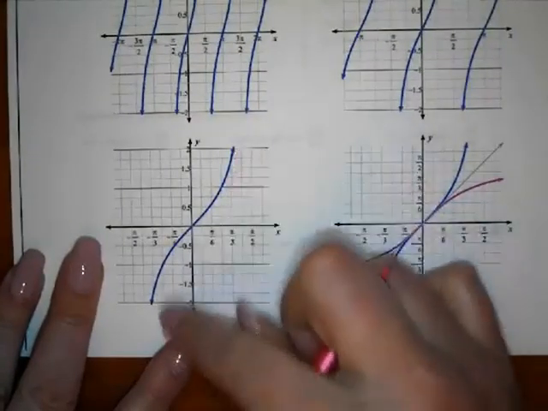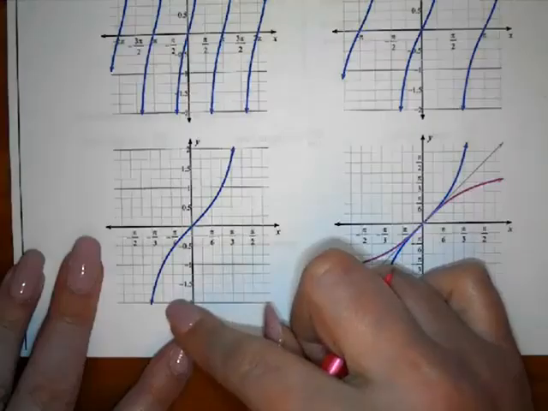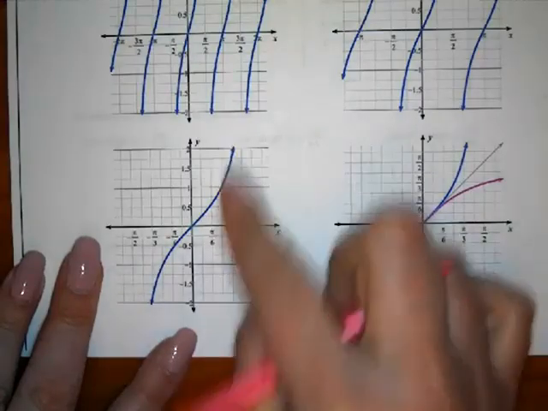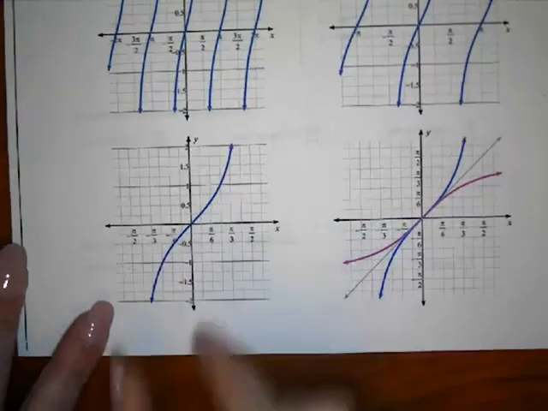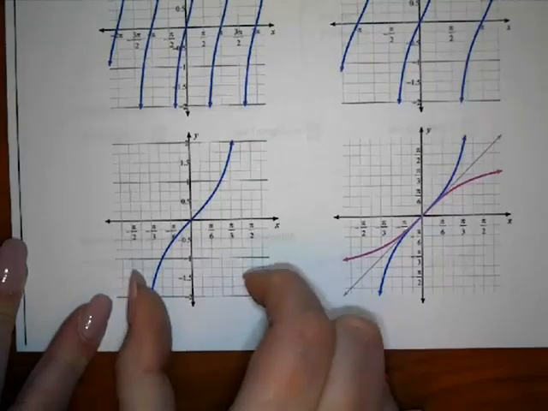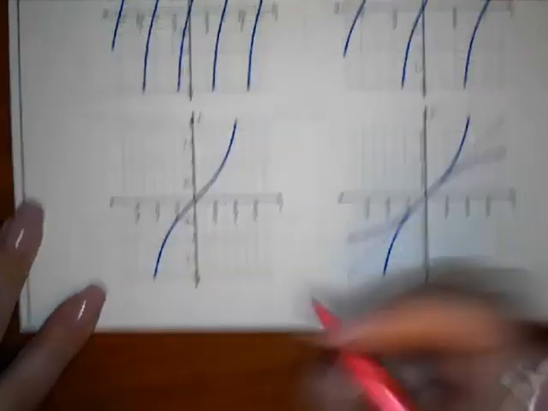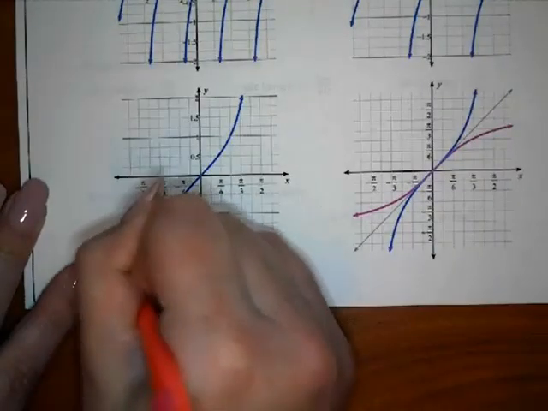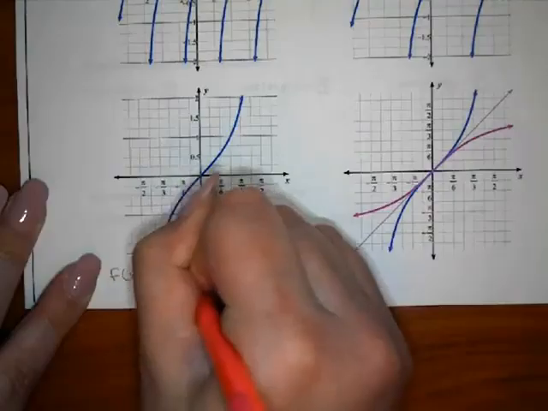And so to look at just one curve at a time, I limited the domain to be between negative pi halves and positive pi halves. That would give me one curve of the tangent function. And so for my function, I have a domain of negative pi halves to positive pi halves.